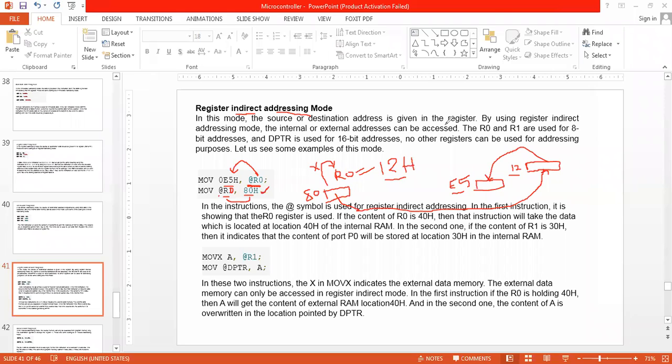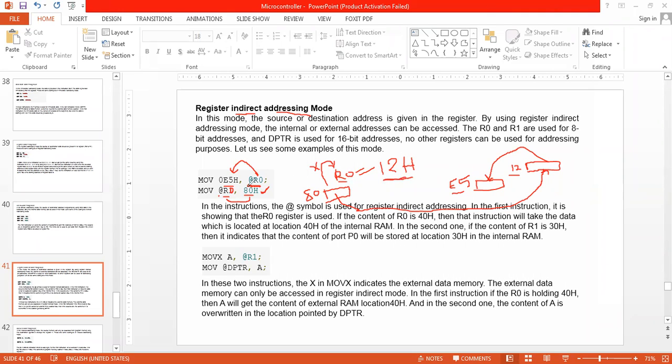Understanding. Okay. Cleared. Fine. So the only difference, that is why in the previous slide, what I told you, is the difference between the data and the address. Data is actual value. Address is not a value. Address is a particular memory location address. So here, this is actually the data which is stored into R0.